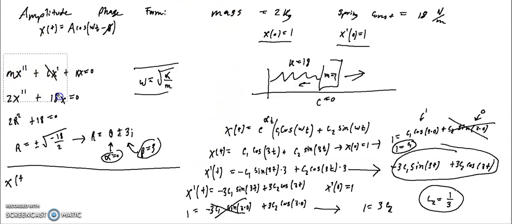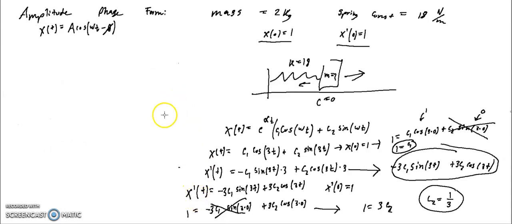So let's continue on. And, well, we know omega. We know our constants, so we can actually work our way towards transforming this ugly expression into amplitude phase form.